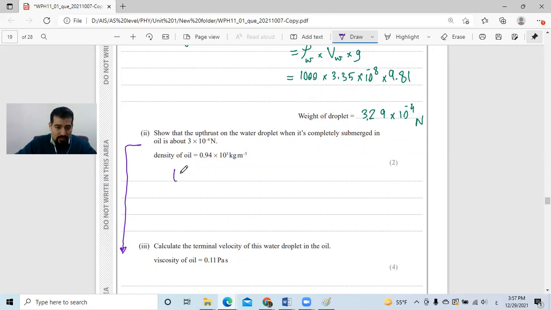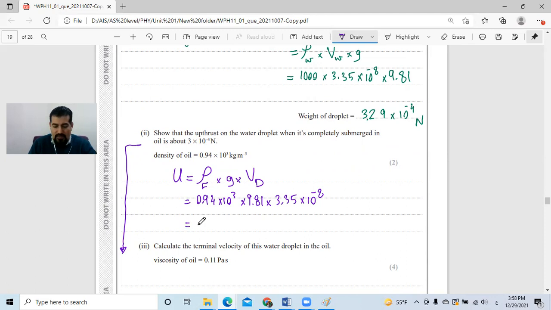Now in this situation, we are going to use the density of the fluid, the oil, multiplied by gravitational acceleration, multiplied by the volume displaced, which is completely submerged, so that means the whole volume. So we write 0.94 times 10 to the power of 3 multiplied by 9.81 multiplied by the volume, which is 3.35 times 10 to the power of negative 8. And by using the calculator, the answer is how much?